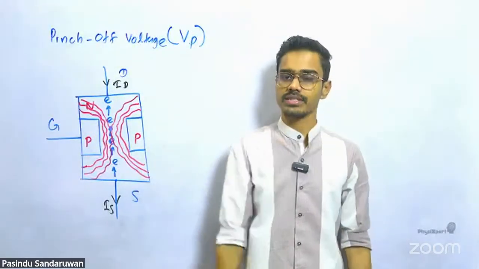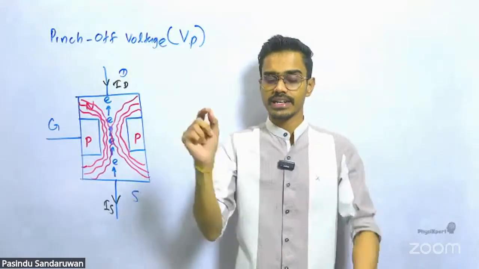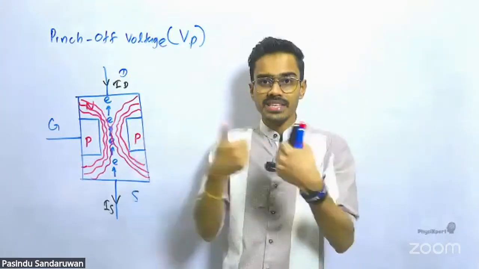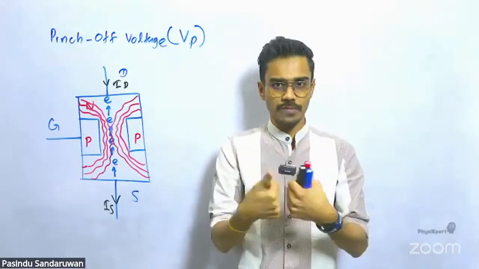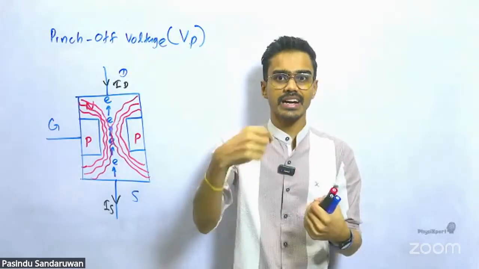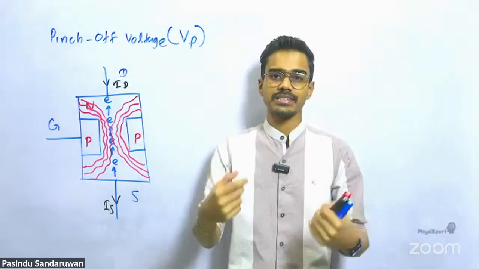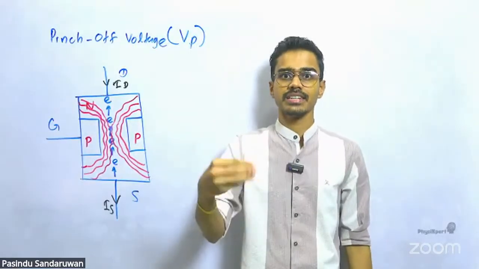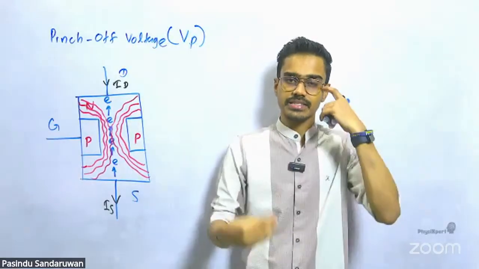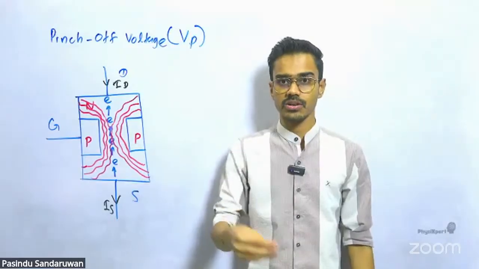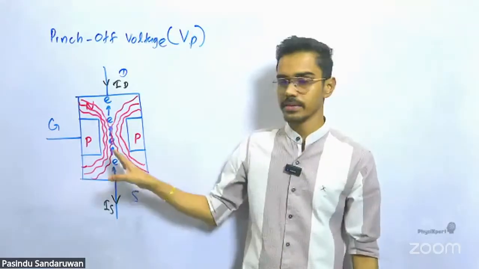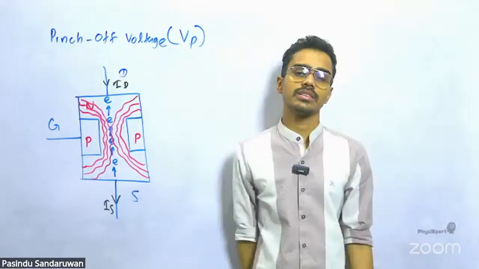Then no current flows in the circuit. Since electrons are stopped by pinching by this depletion region, annoying electrons, this is called the pinch off voltage. So at the pinch off voltage, no current flows.